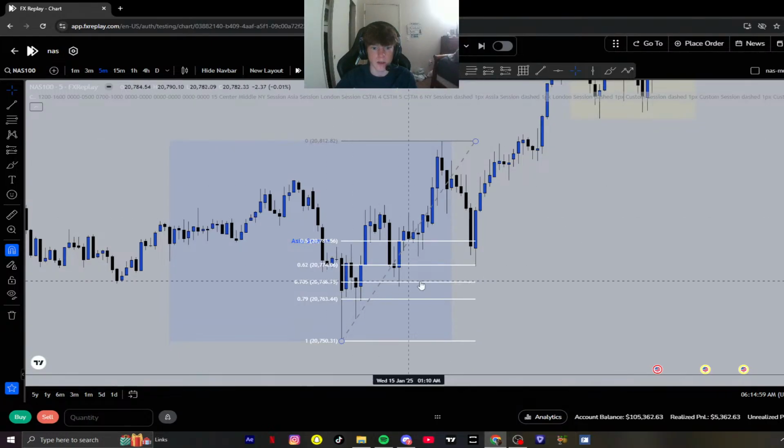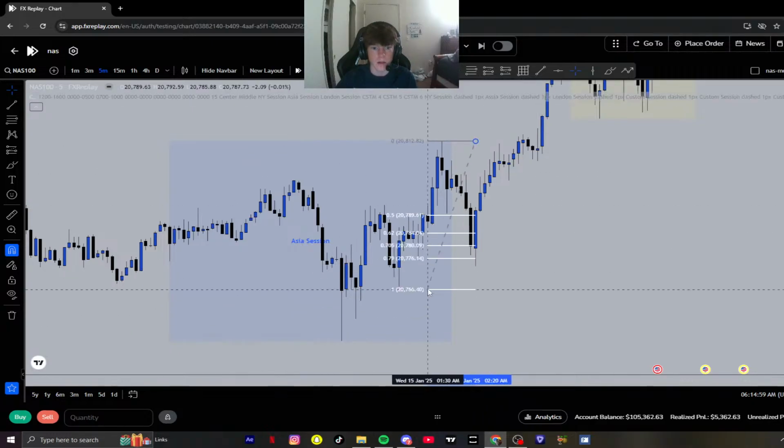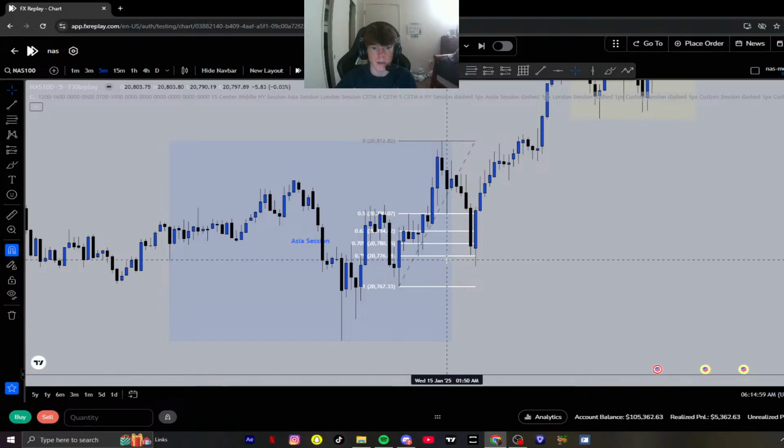The 0.705 is like the best OTE that you can get. Price taps into it, wicks it, then goes up. Wicks this OTE again, then goes up. If you go to this low as well, taps into OTE again, then goes up.